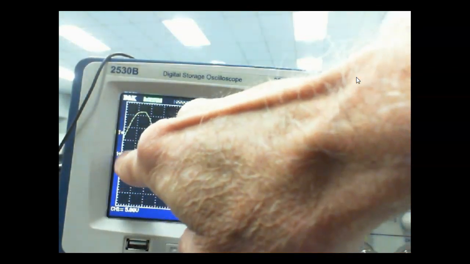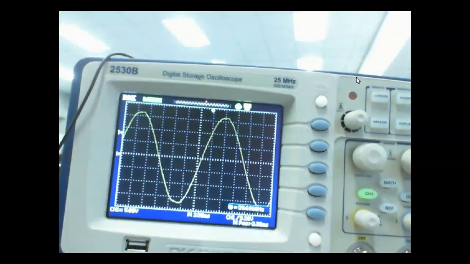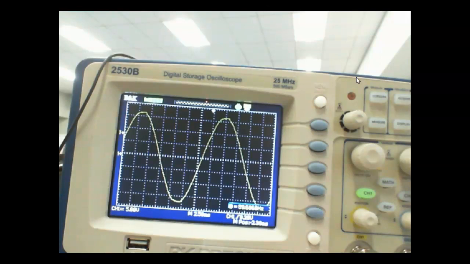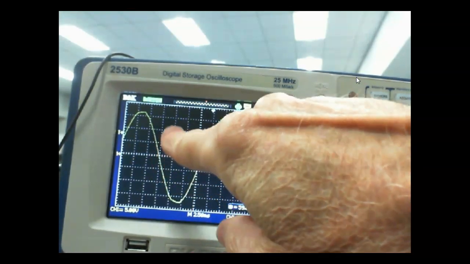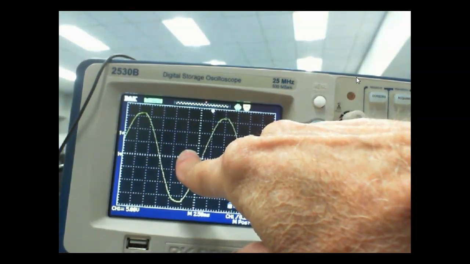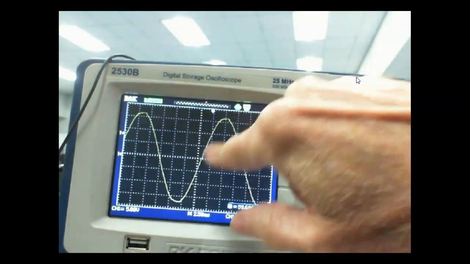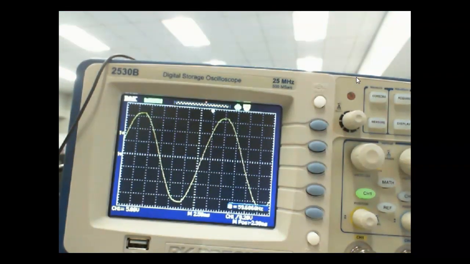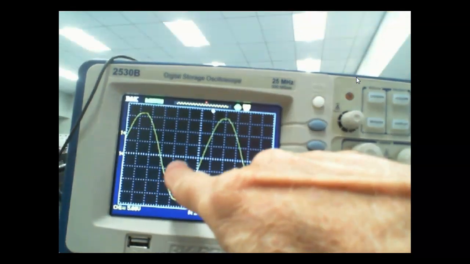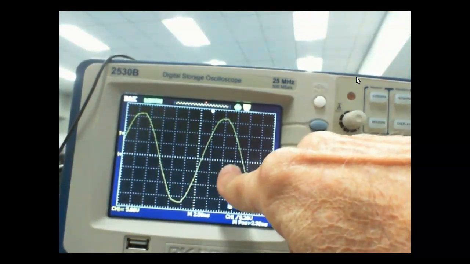If I'm counting ones, there's 5 minor divisions between each one, so each minor division would be worth 0.1. I'm sorry, 0.2, right? So I come up here, I go 1, 2, 3, 4, 5, 6, starting from negative to negative. How many divisions did I say? I think I was wrong. 1, 2, 3, 4, 5, 6.